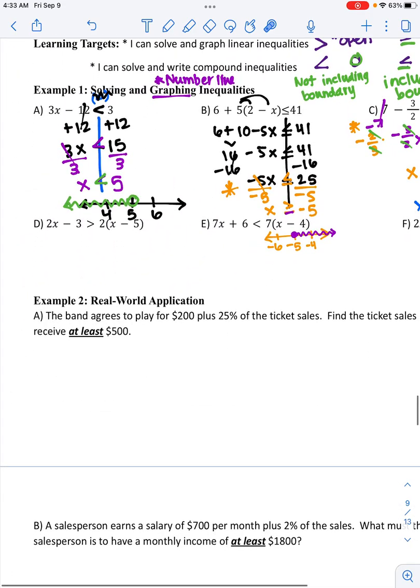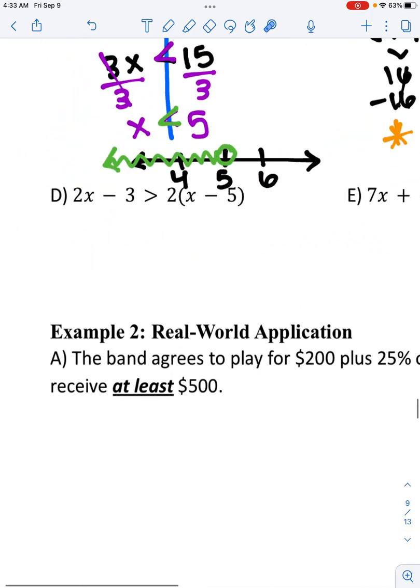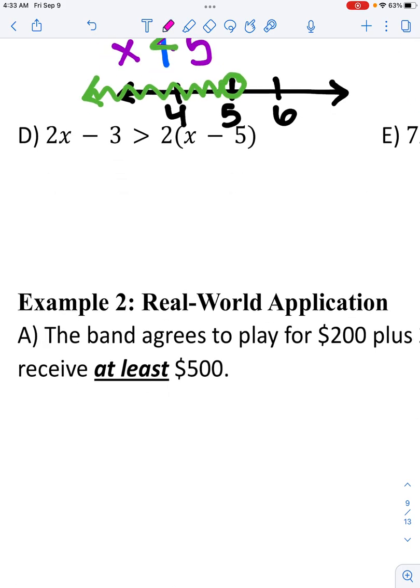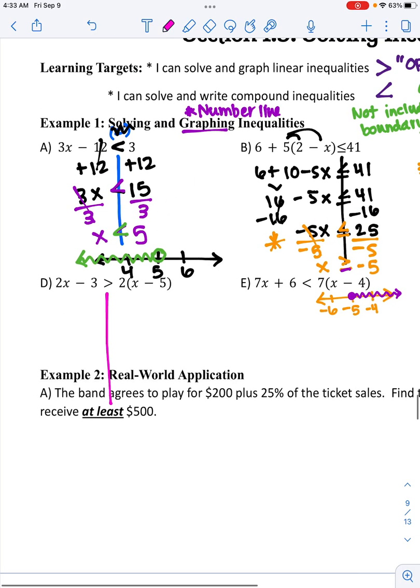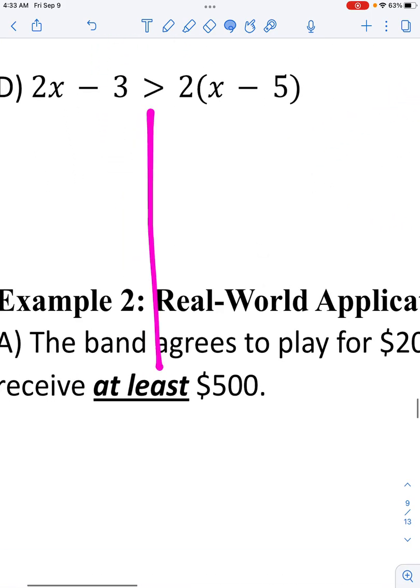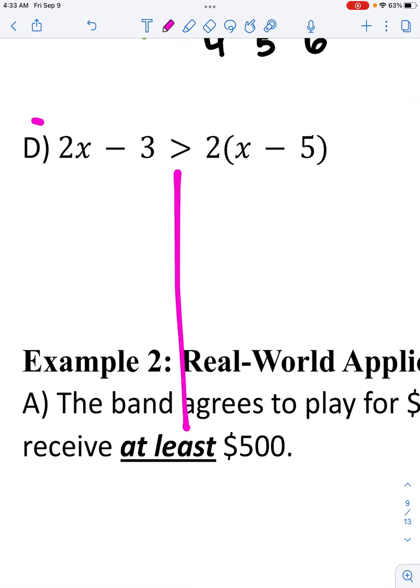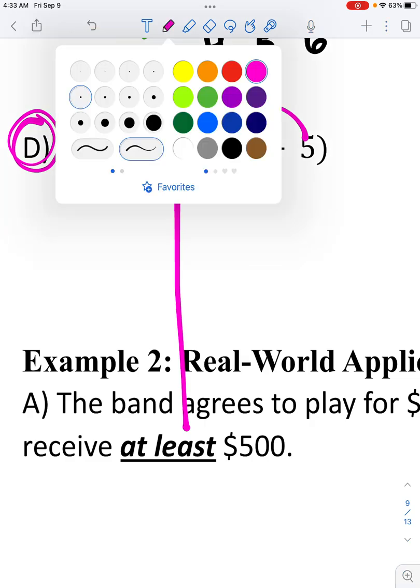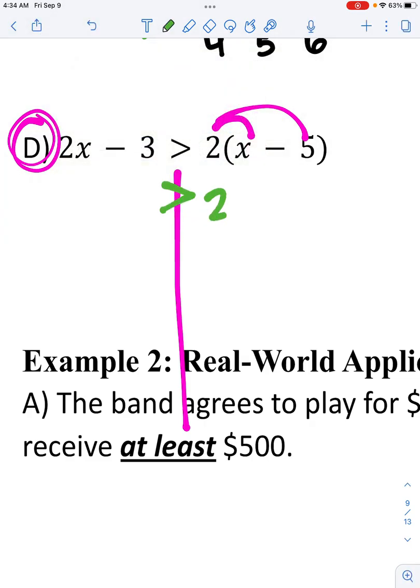All right, and then this example here, we're really going to run out of room. Something a little bit different is going to happen here. When I distribute that, we carry down the greater than, and then we have 2x minus 10 against 2x minus 3.